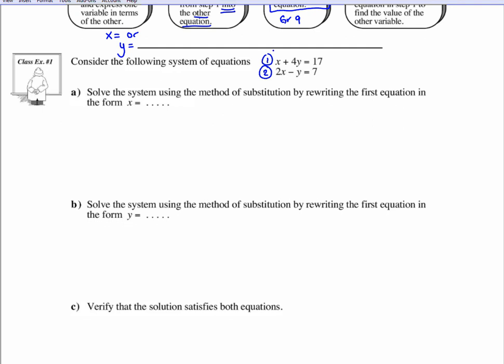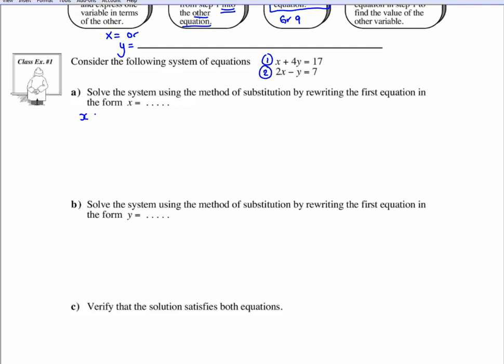Or I could isolate for y in the second, but it has a negative 1 coefficient, so x is probably the easier one. A positive 1 coefficient is easier to isolate than a negative 1 because you'll have an extra step of dividing by negative 1. So the question says to solve the system by rewriting the first equation as x equals, because that's going to be the easiest one.